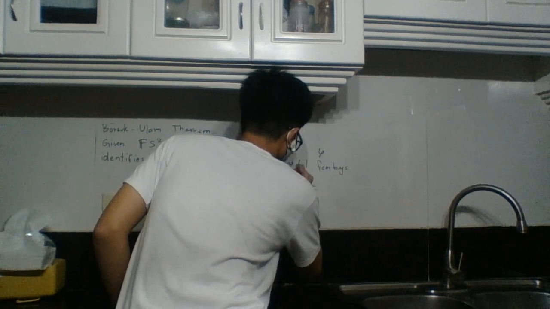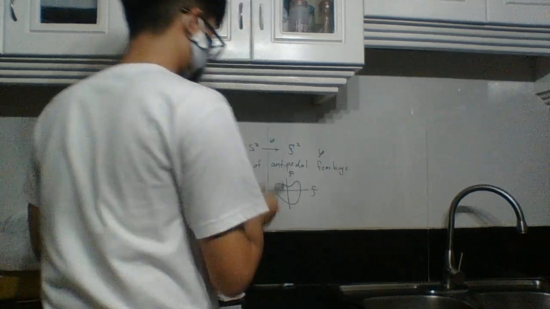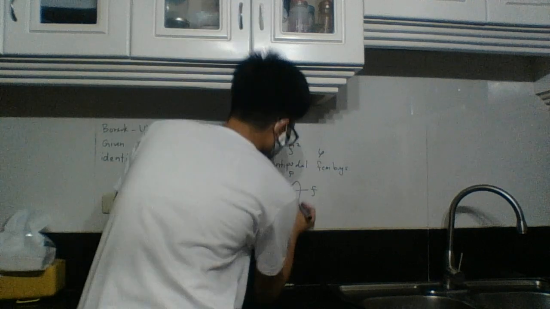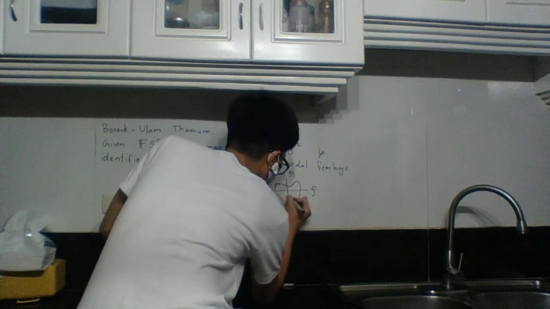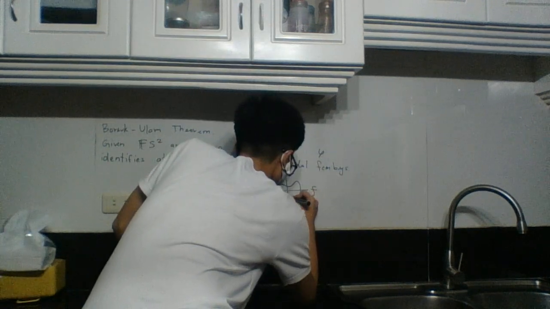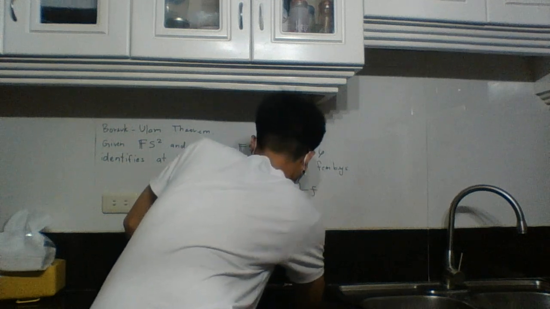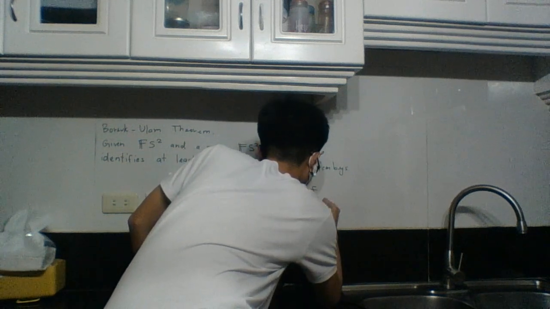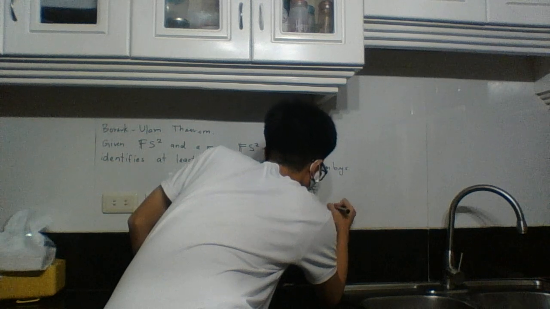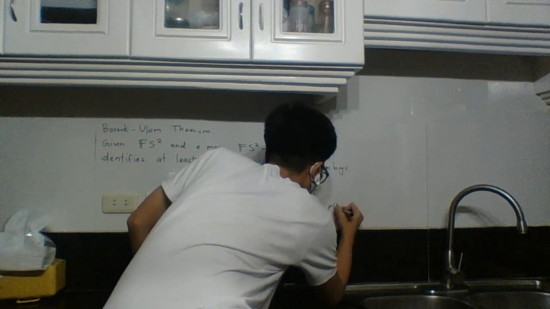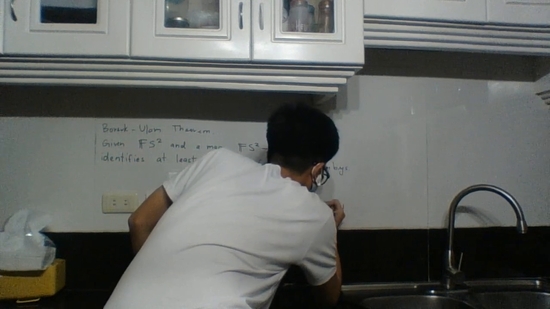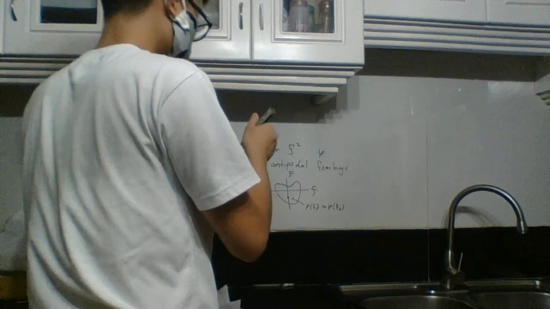They will be mapped onto the same image. So this here is phi of F1 identified with phi of F2. Actually not identified, but equal to phi of F2.